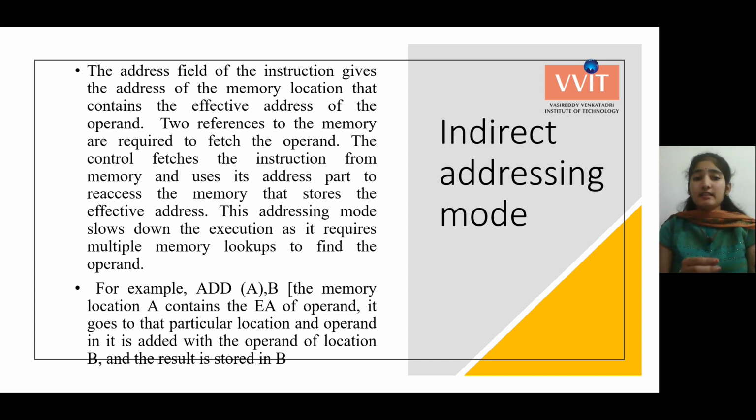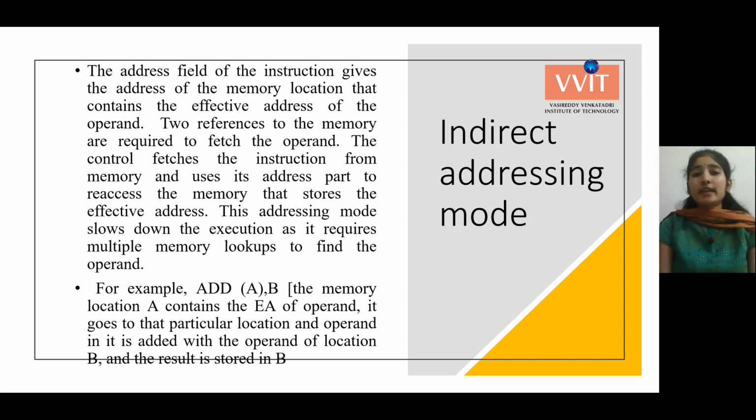The control fetches the instruction from memory and uses its address part to access the memory again, which stores the effective address. In that effective address we get the operand, means we can fetch the data. This addressing mode slows down execution as it requires multiple memory lookups to find the operand.